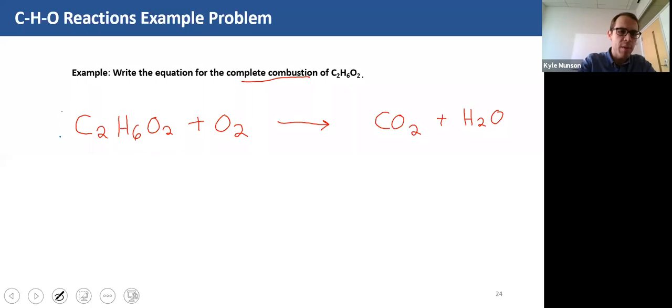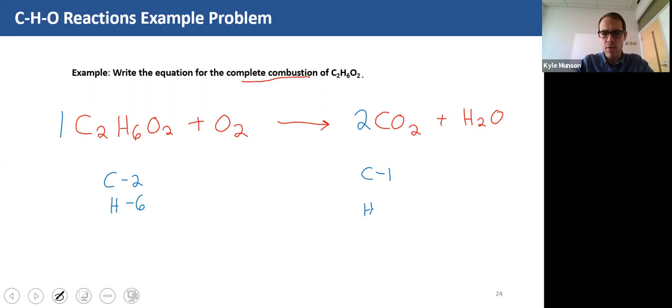So over here, I'm going to put the 1 there if we follow the rules from our other video on balancing chemical equations. So carbons on this side of the equation, I have 2. Carbon on this side of the equation, I have 1. So I'm going to put a coefficient 2 there. Okay. And let's do hydrogen next. So hydrogen on this side of the equation, I have 6.